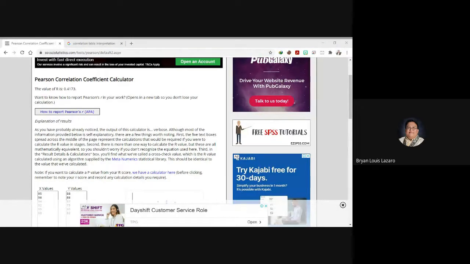Respondent 1. Sabihin naman ng respondent 2, hindi po ako makahabol sa lesson kasi wala po akong internet sa bahay. Yan. Respondent number 2.